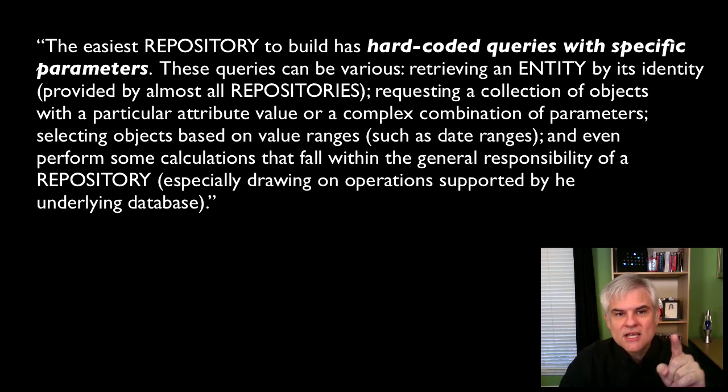These queries can be various, retrieving an entity by its identity, provided by almost all repositories, requesting a collection of objects with a particular attribute value or a complex combination of parameters, selecting objects based on value ranges, such as date ranges, and even performing some calculations that fall within the general responsibility of a repository, especially drawing on operations supported by the underlying database.